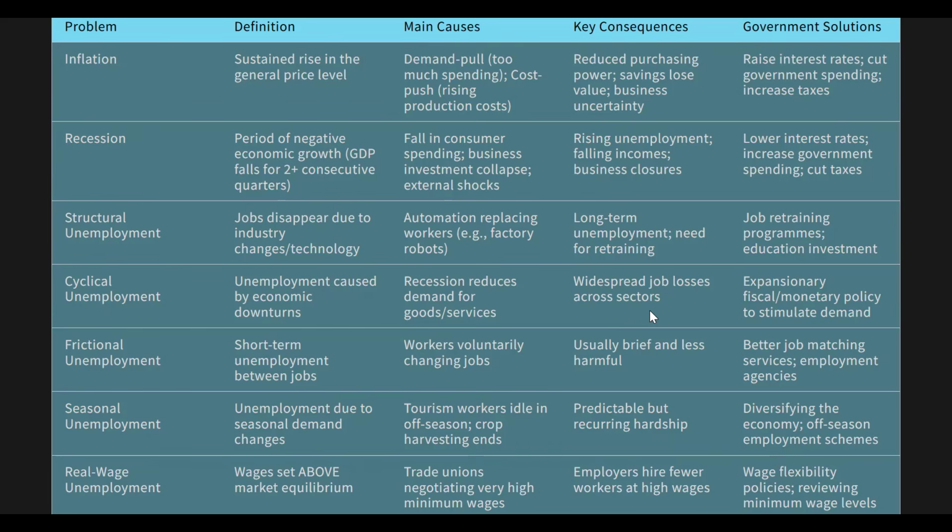So for example, you were a graphic designer, and now people are making graphic designs with AI in seconds, and the job no longer exists. Just an example. So to recover from that, the government may have to create training programs and invest in education so people could learn about the new industry or get a new set of skills.